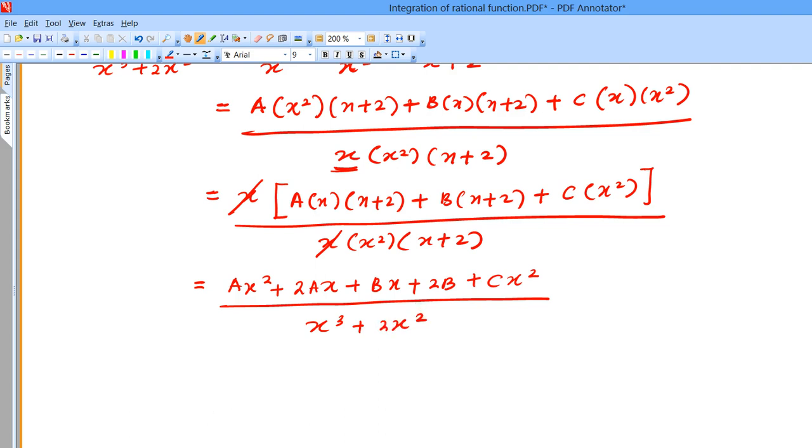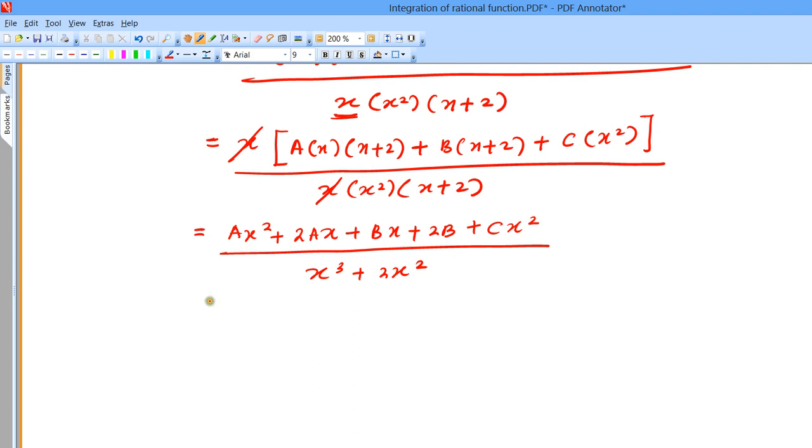And then we can group these terms. So for x² we have (A + C)x², and then (2A + B)x, plus 2B. 2B here refers to the constant.